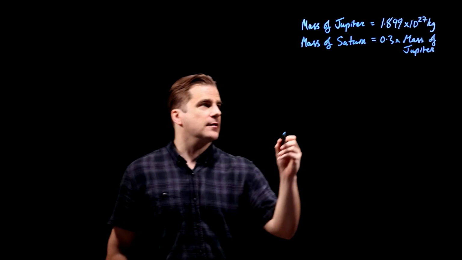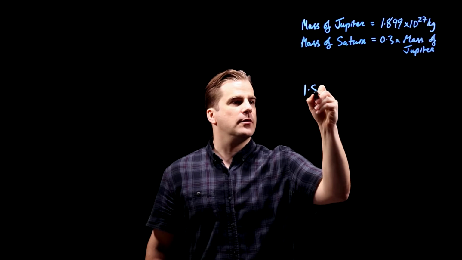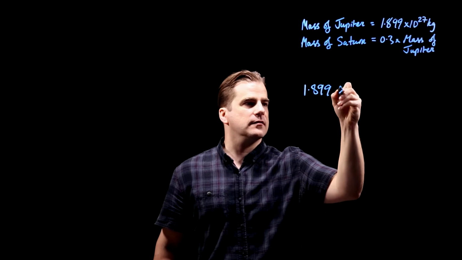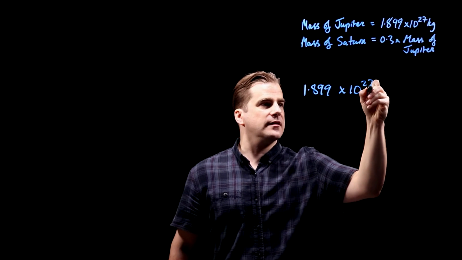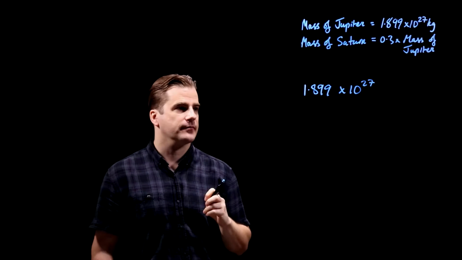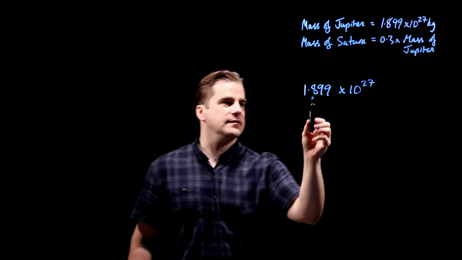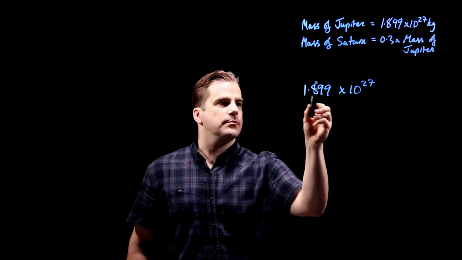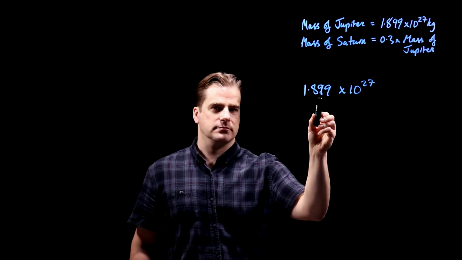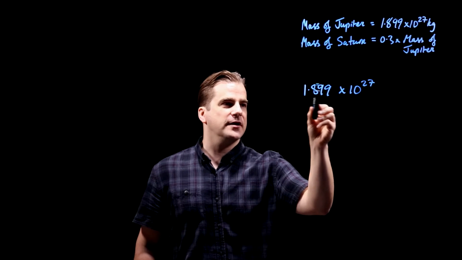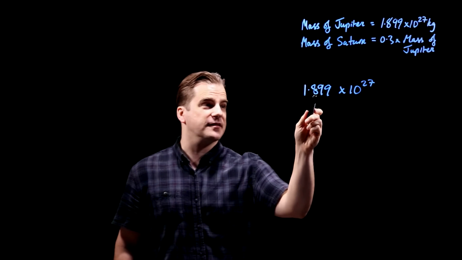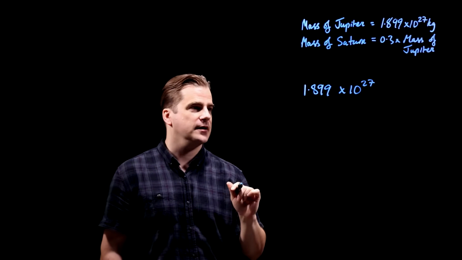So, the mass of Jupiter is 1.899 times 10 to the 27 kilograms. An estimate means pick a much simpler number that this is pretty close to. Okay?